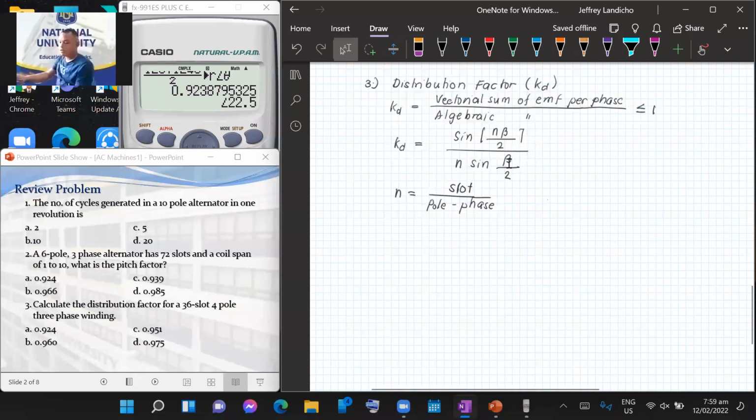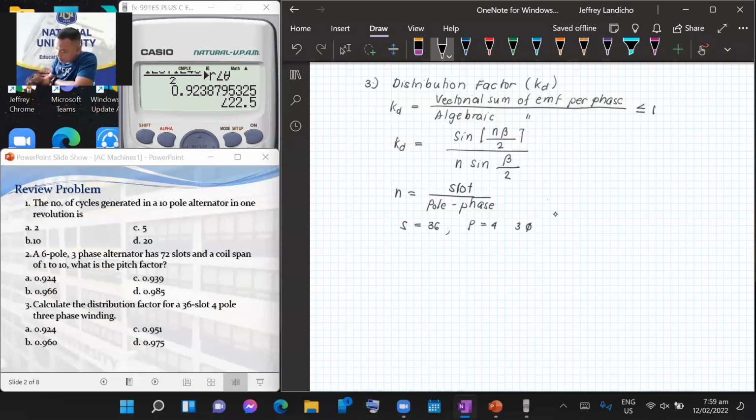Now, alam na natin si beta. Beta is the equivalent electrical degree per corresponding slots. So therefore, solving for your distribution factor, binanggit ng problem that for this given generator, we have 36 number of slots. Number of poles, and again, that is what? 3 phase. So what would be the distribution factor?